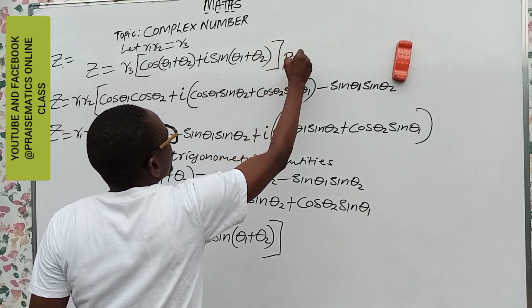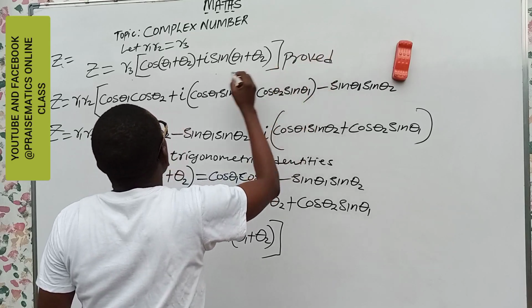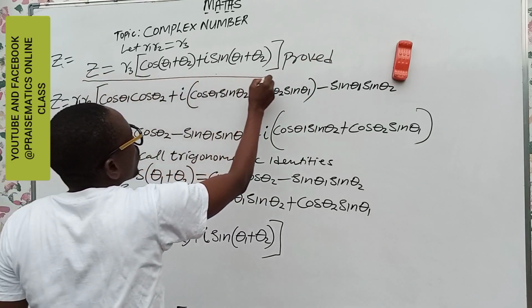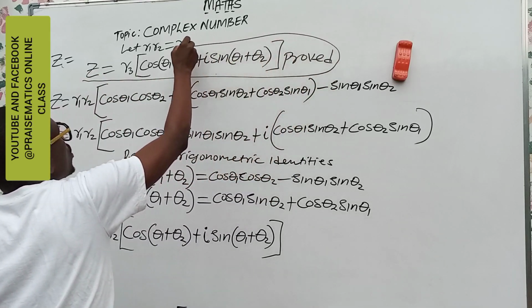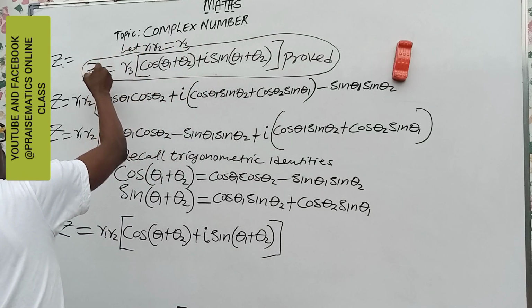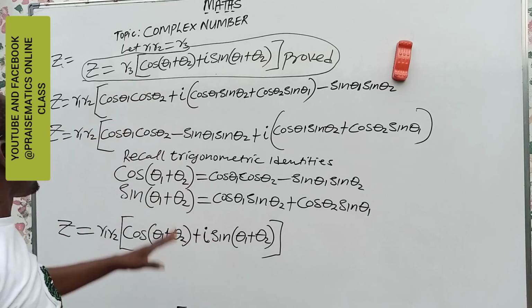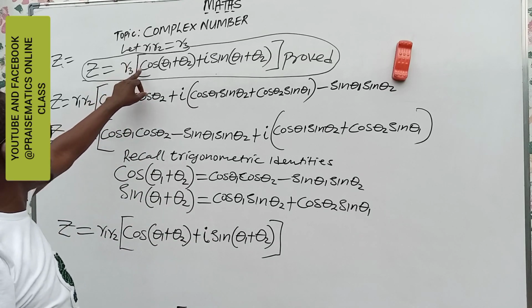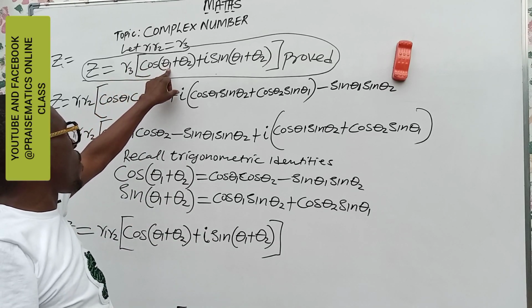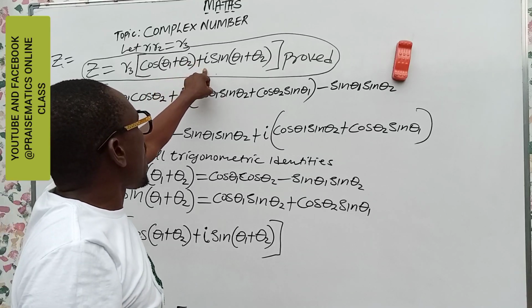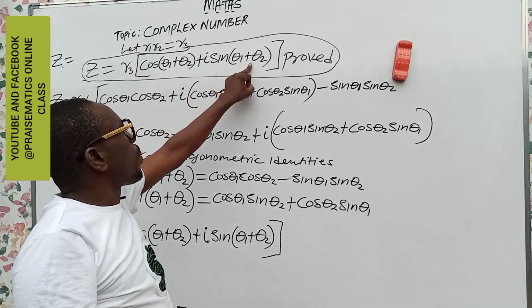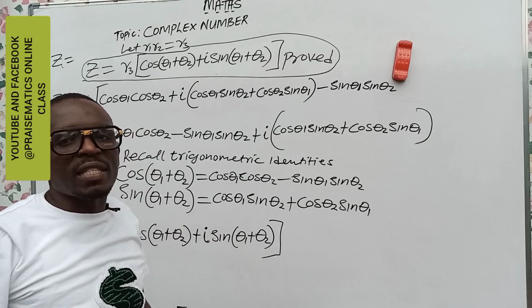So that is the proof. This is what we are going to make use of, and that is how we prove the polar form of complex numbers. Finally, we have R3 into cos of theta 1 plus theta 2 plus i sin of theta 1 plus theta 2, and that is the answer.